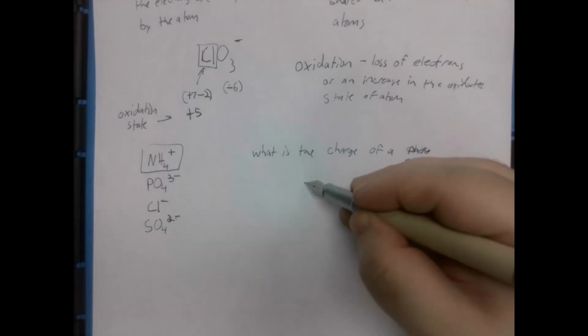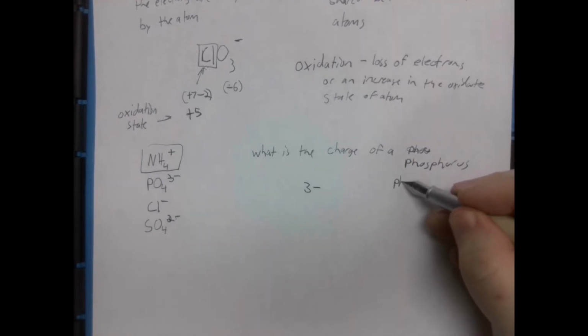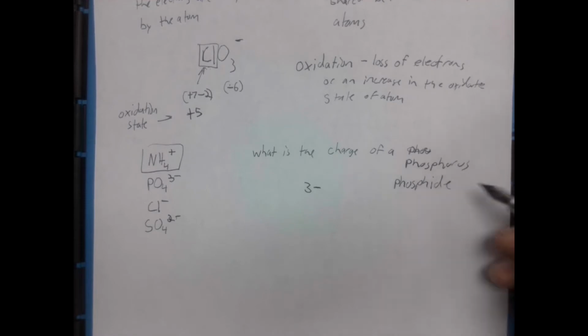So it would be 3 negative. And its name is phosphide. So everything we covered yesterday too. Yesterday was part of a review too.